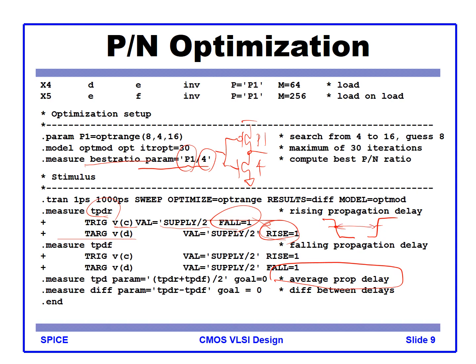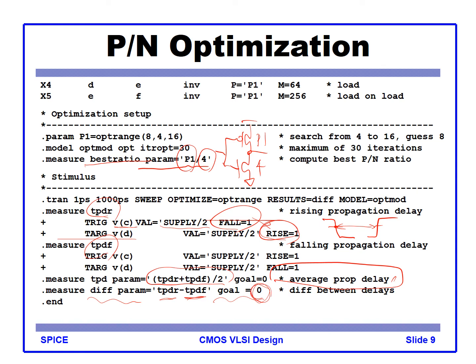So this is the output rise propagation delay, and the output fall propagation delay is also measured. We take the average of the propagation delays for rise and fall, and the difference is also measured. We want to balance the output rise propagation delay and the output fall propagation delay. So the final goal is to make them equal, I mean optimize the difference to 0.